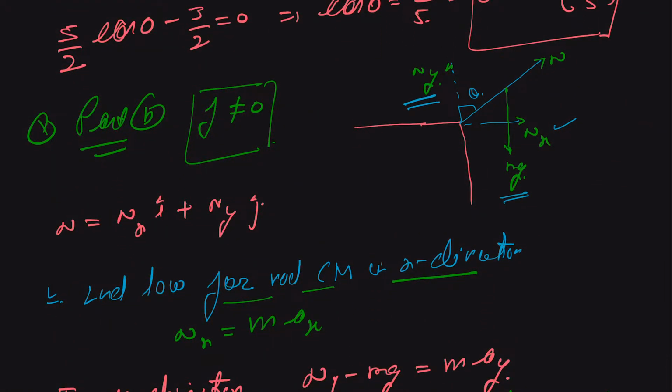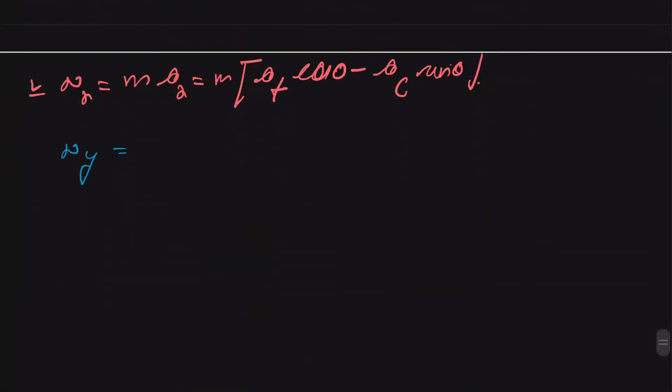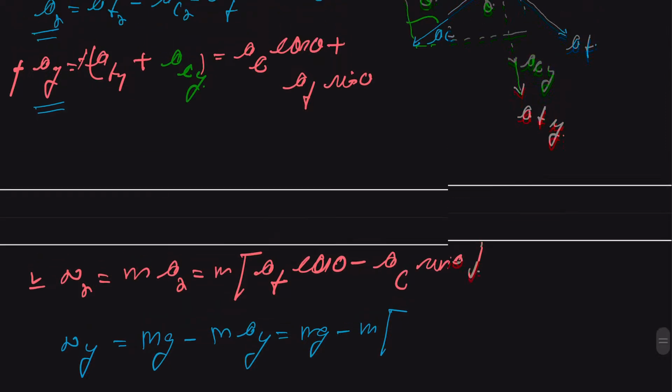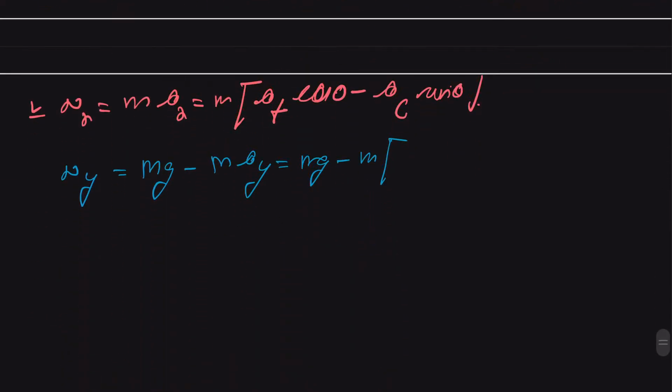And similarly, we can write our n of y. In the downward direction we have our mg, in the upward direction we are going to have our n of y. So we can say our n of y will be equal to mg minus m A of y. So we get this as mg minus m, and A of y is AC cos of theta plus AT sin of theta.